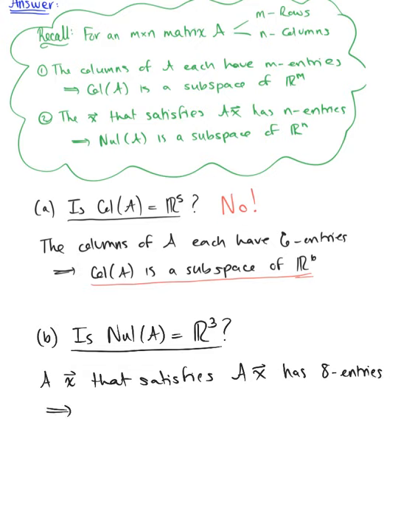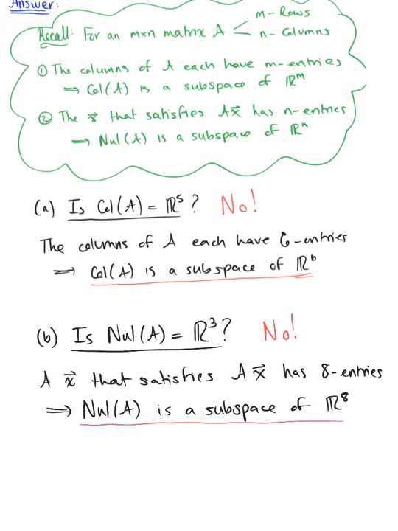So this lets us know that the null space of matrix A is a subspace of R8. So is the null space of A equal to R3? No! We just showed that the null space of A is a subspace of R8.